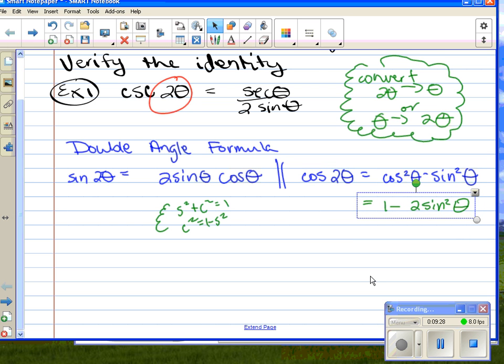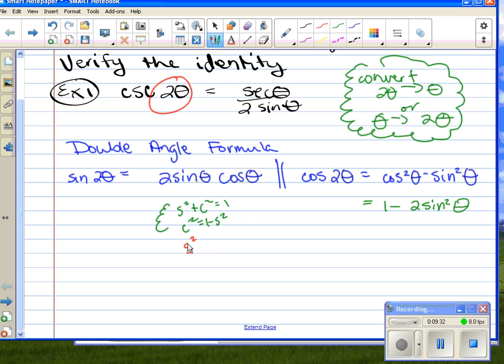Now you can also do that if you solve it for sine squared. Sine squared equals 1 minus cosine squared. So if I replace this sine squared with 1 minus cosine squared, can you see how I'm going to end up with negative 1?